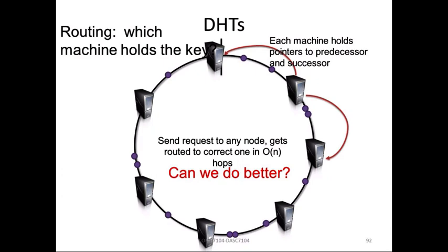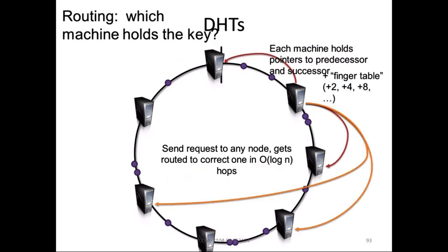But obviously, following next or previous pointers may be slow, and so we can do better. Basically, we may visit all the nodes in the system if we are unlucky, and there may be many of them. We can do better by, for instance, assuming that nodes have pointers to nodes that are farther away.